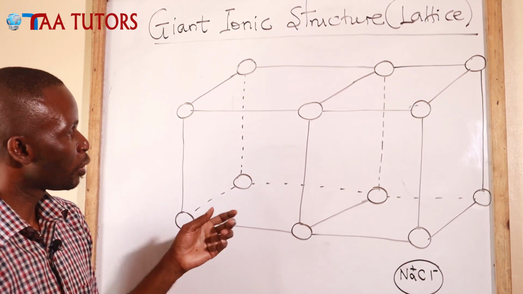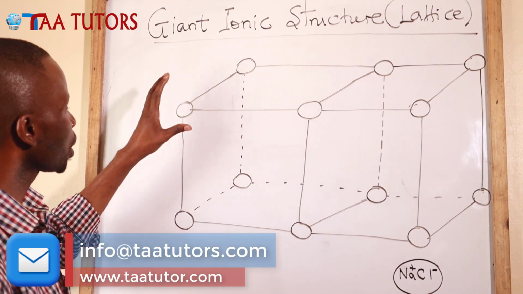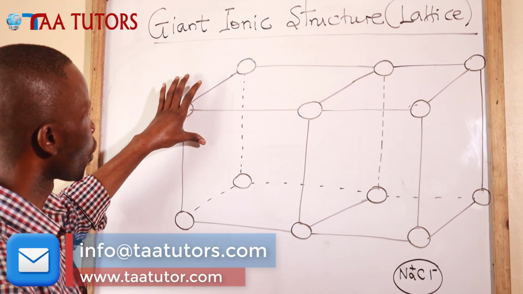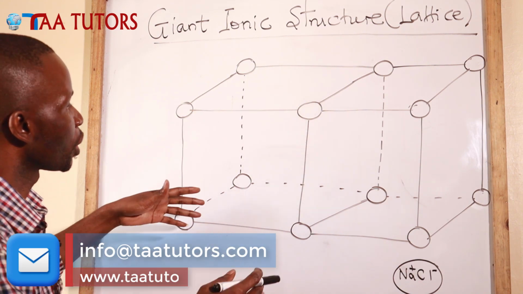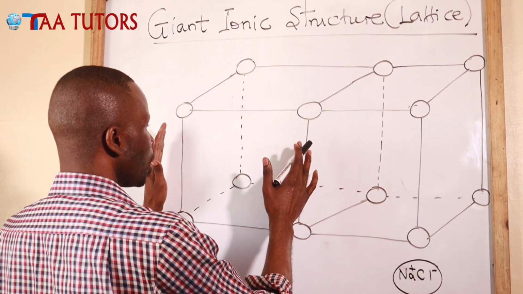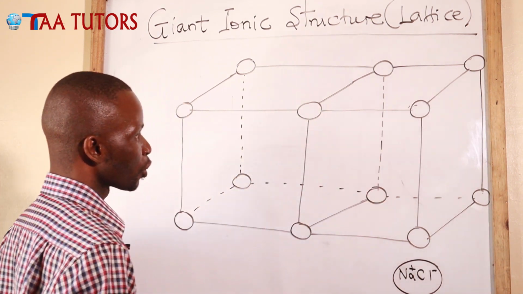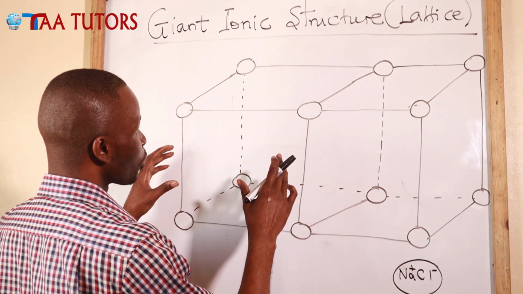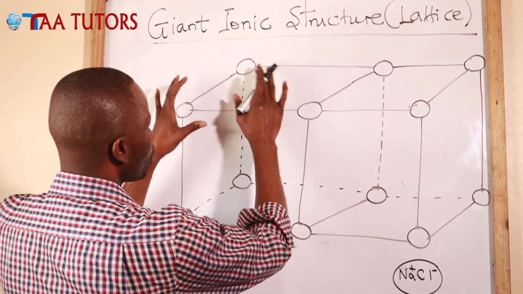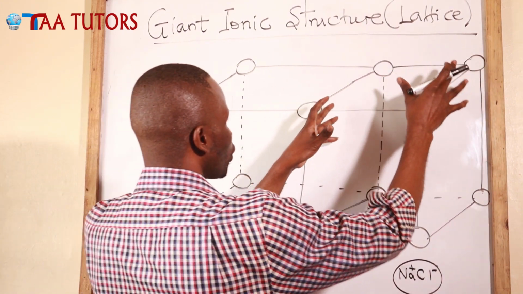Before you here, I've actually drawn something, 2 cubes. Forgive my drawing, it is not to scale, but it can be used to demonstrate what I want to explain. The first cube is here, then there's a second cube.